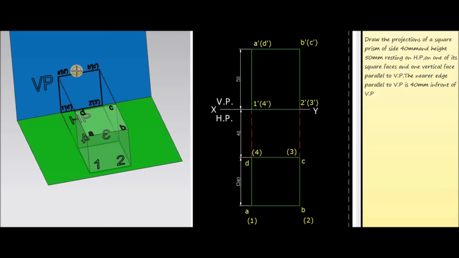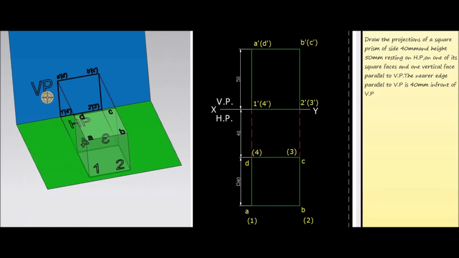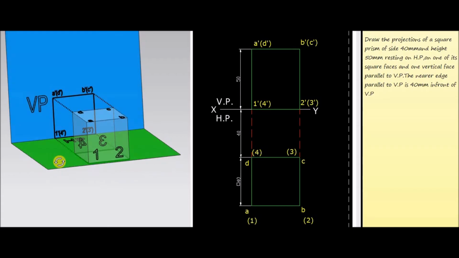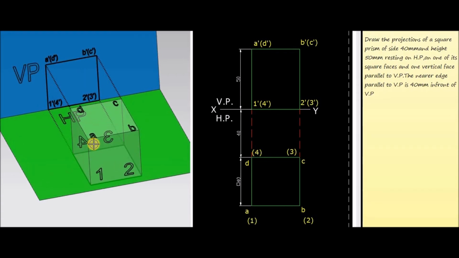So because of this, we have to represent the corners D and C in the front view inside brackets, and the front view letters are always represented by dashes. That means A dash, B dash, C dash, D dash. Corresponding to the points A and B, when we are looking from the front side, these corners are visible and are represented outside the bracket as A dash, B dash.